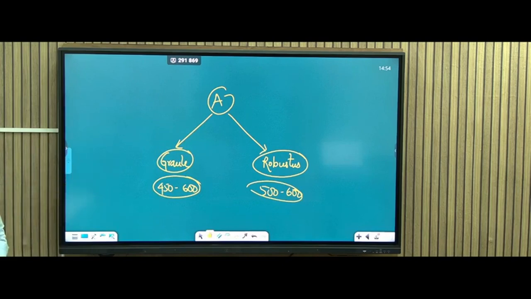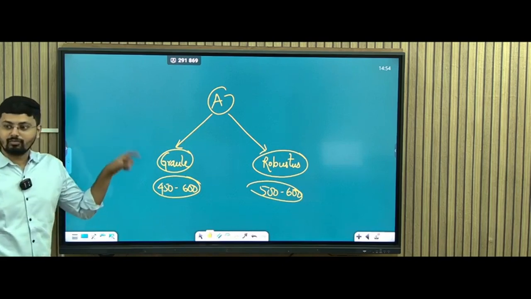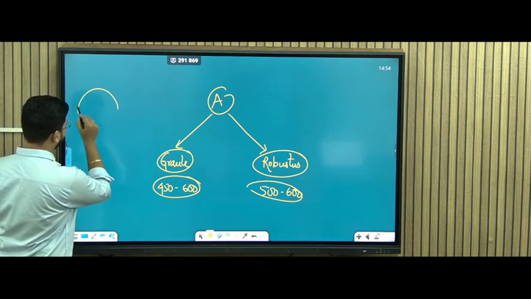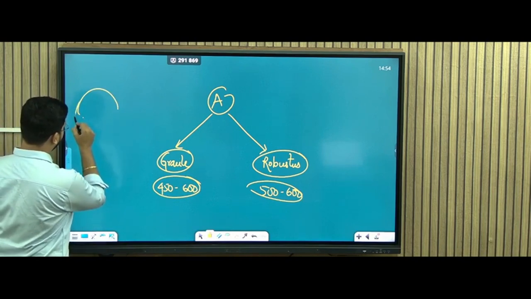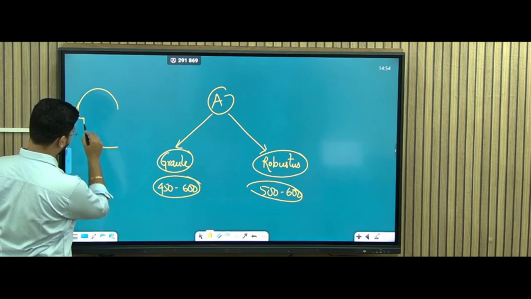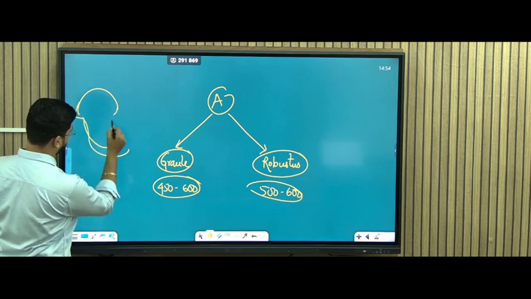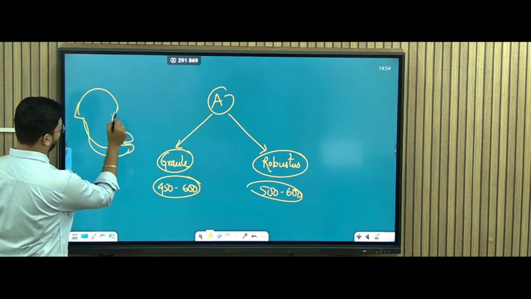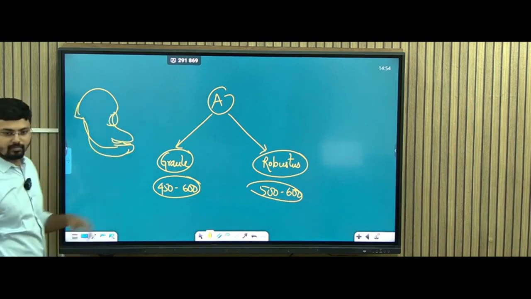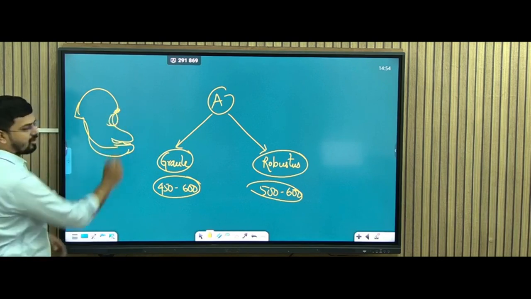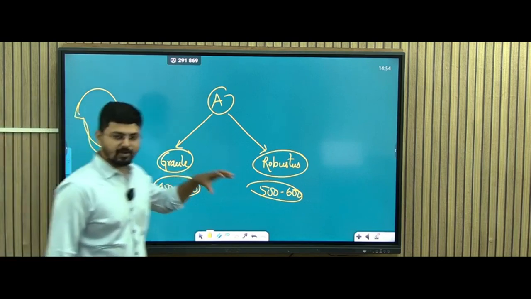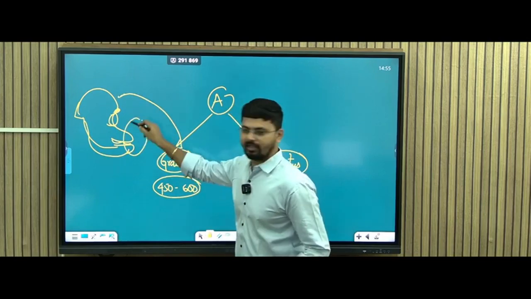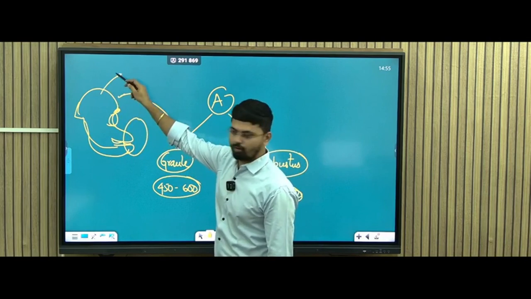Cranial capacity, and I told you with respect to diagrams. When you're drawing the diagram, it is a little round and prognathic, right? And brow ridges are not that expressed. This is the gracile one, prognathic in nature, and round.